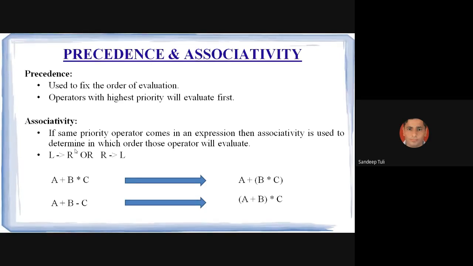Okay, so first of all, in every arithmetic expression, we will find the precedence. So precedence means कि we will see which operator has a higher priority, and then we will evaluate it first. Now suppose we are stuck somewhere where two operators are there and they have the same priority, then we will use associativity. Associativity says that either we need to evaluate the expression in left to right order or right to left order.